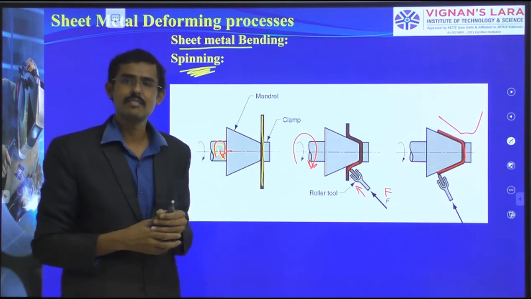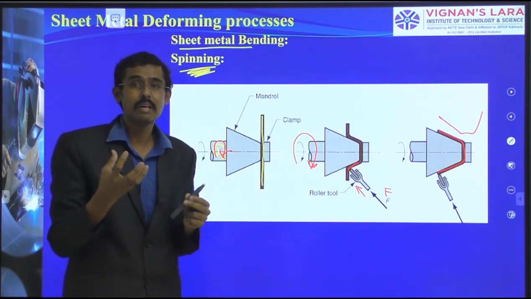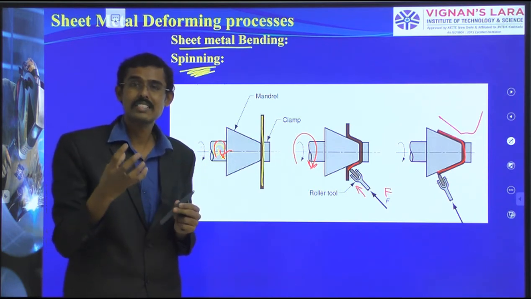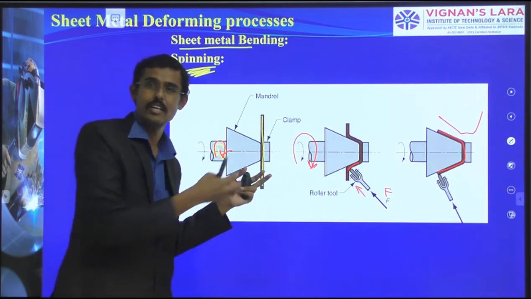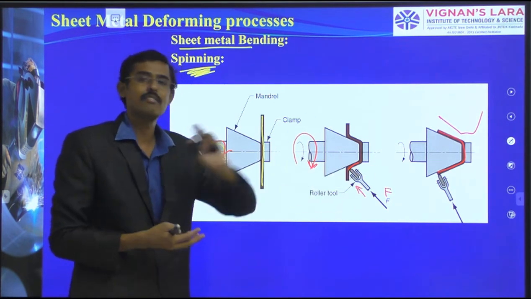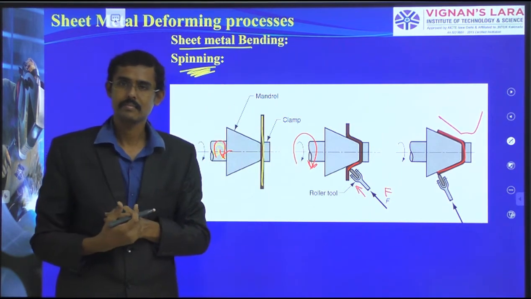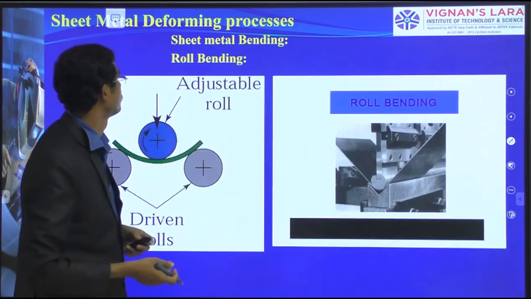So such a method we have called the spinning method. Very simply you can understand how these mud pots are created, the red sand mud pots. We have been inspired from there, and we do this as spinning in the industries. So this is one of the other methods.